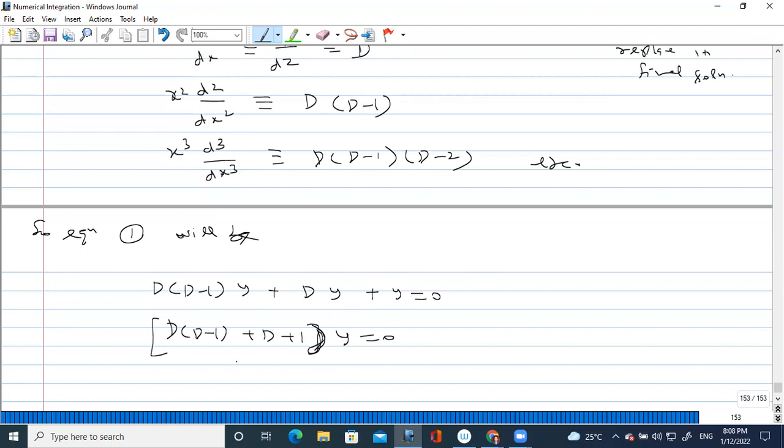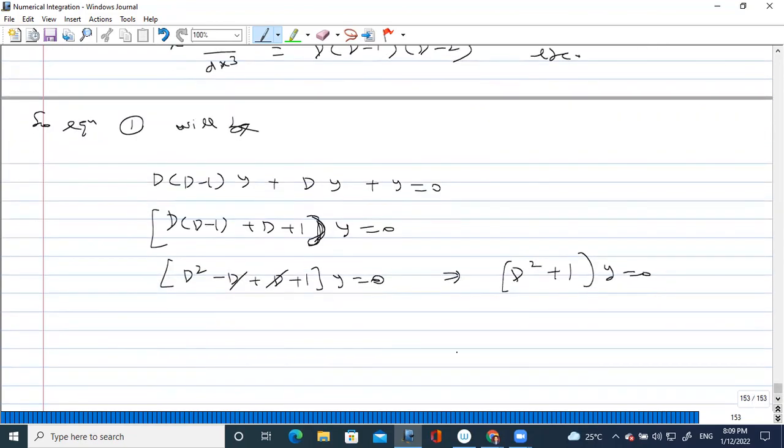Okay, so I can further solve it. It will be D square minus D plus D plus 1 into y equal to 0. So D and D cancel. So this will be D square plus 1 into y is equal to 0. So what is f(D) here? f(D) equals D square plus 1.